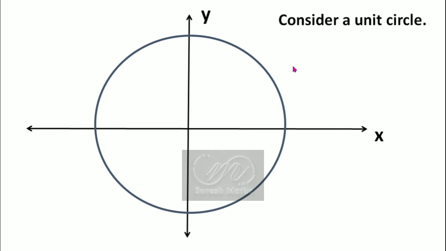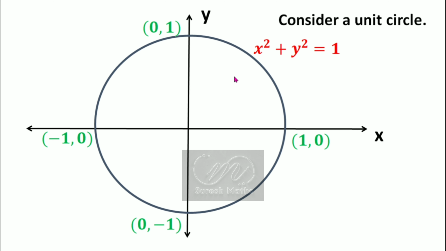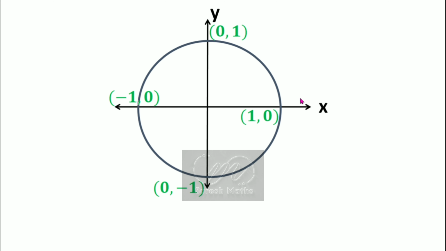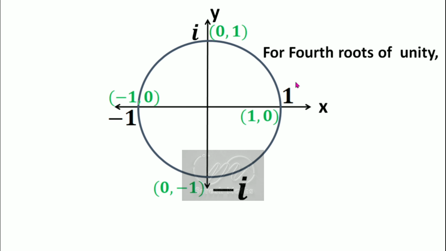Consider a unit circle. Here (1, 0), (0, 1), (minus 1, 0), (0, minus 1) denote 4 complex numbers, that is, the fourth roots of unity. In a circle, they denote different points, that is 1, plus i, minus 1, minus i. For fourth roots of unity, z is equal to e power i into 2k pi by 4.